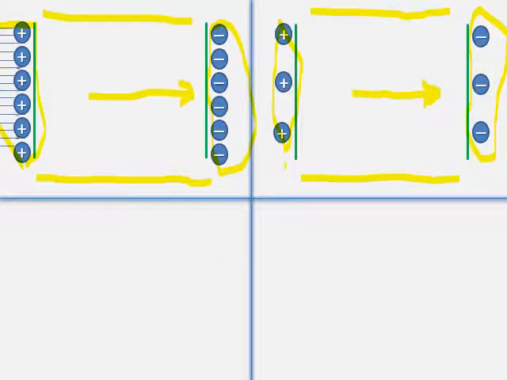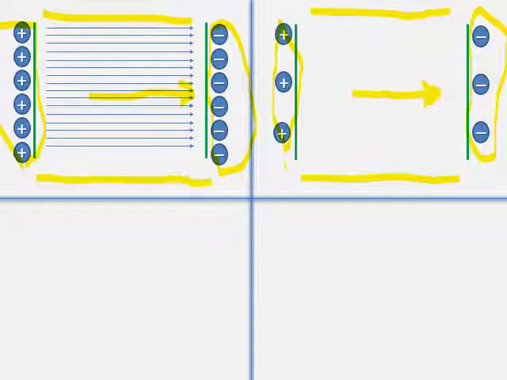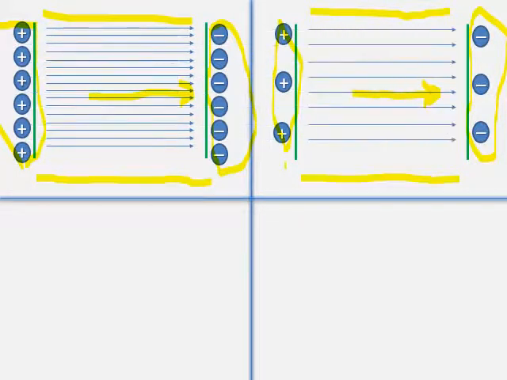So we consider electric field lines represented by straight arrows which are parallel to each other and at the same distance with respect to each other in both situations, but in the second situation the number density of arrows is less, or we can say that the gap between the arrows is more.